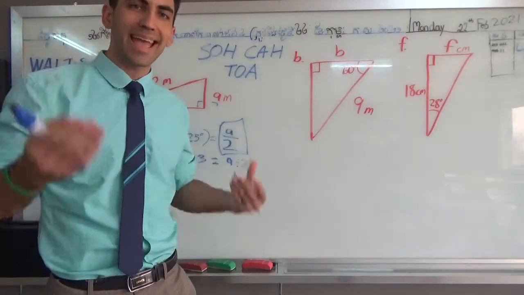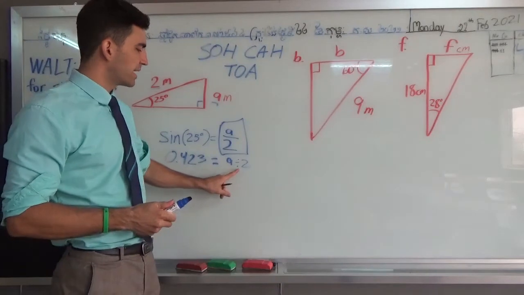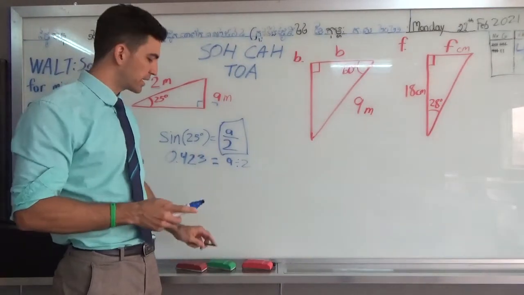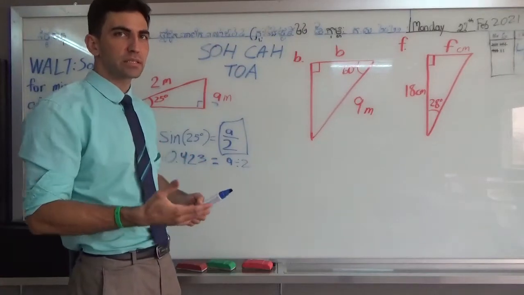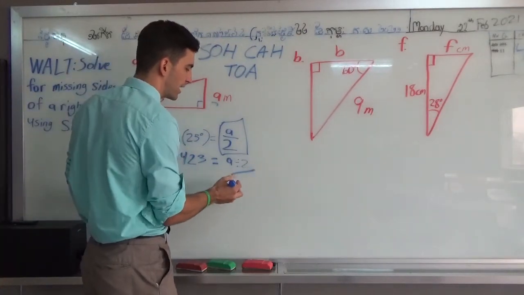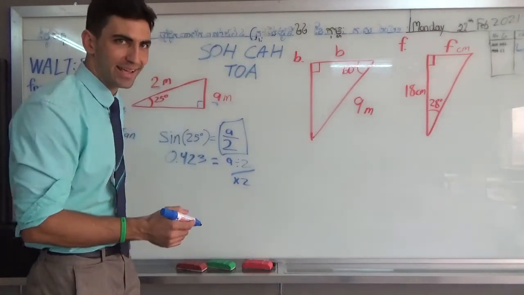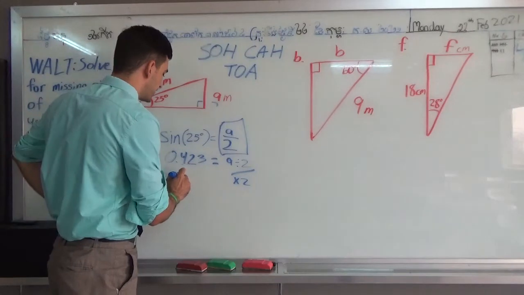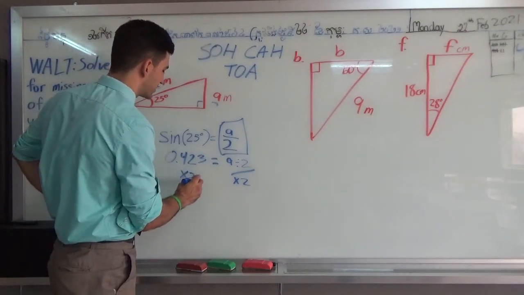But if my goal is A by itself, what can I do to get rid of that divided by 2? I will do the opposite operation. So we have divided by 2. I can multiply the right-hand side by 2. But if I do that, I also have to multiply the left-hand side by 2.